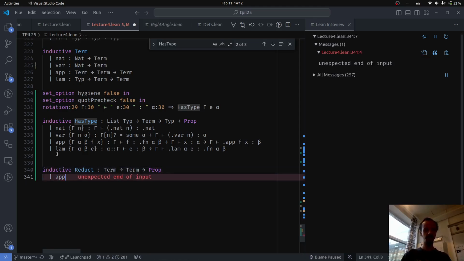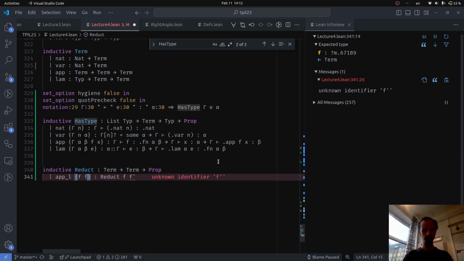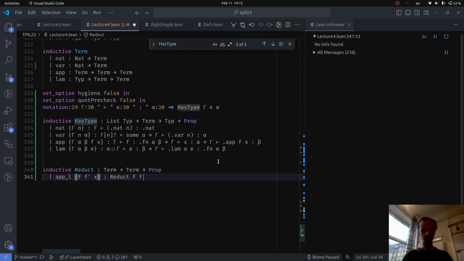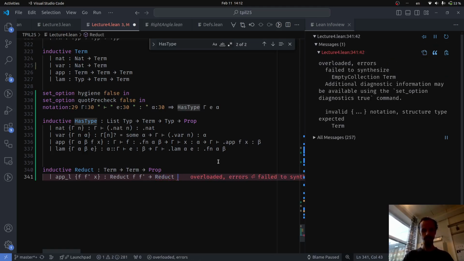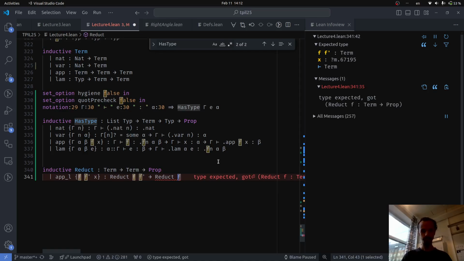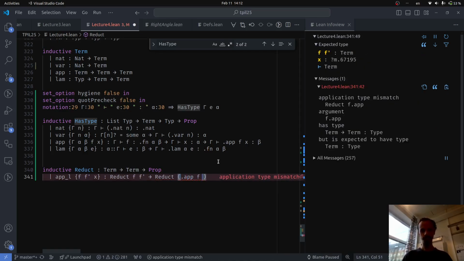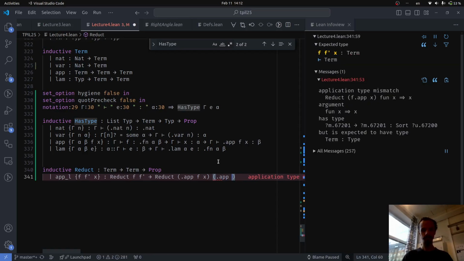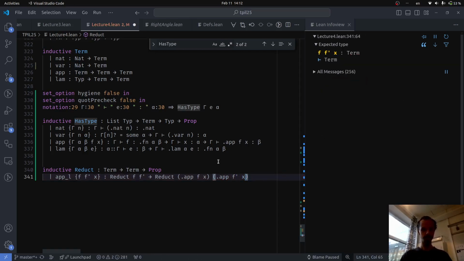So if we have an application, we can reduce on the left, and on the right.